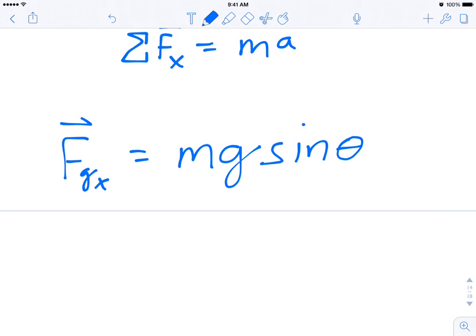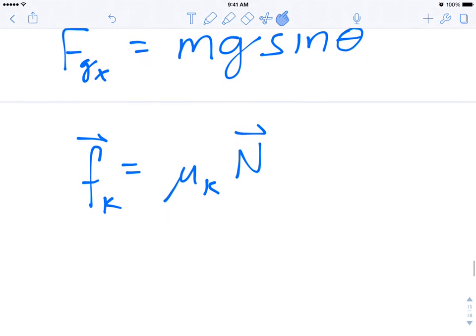Next, I also know that the kinetic friction force is equal to mu k times our normal force. Since I know mu k, all I need is the normal force in order to solve for the kinetic friction force.